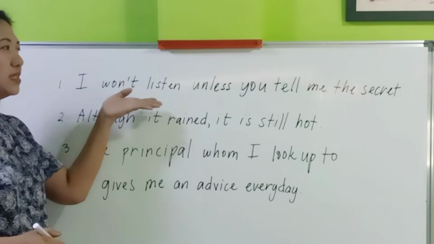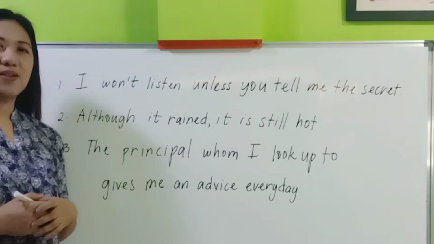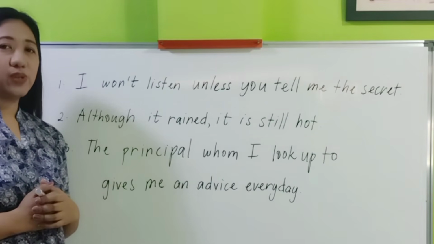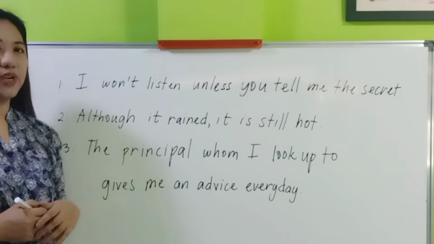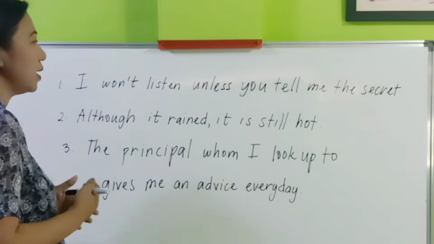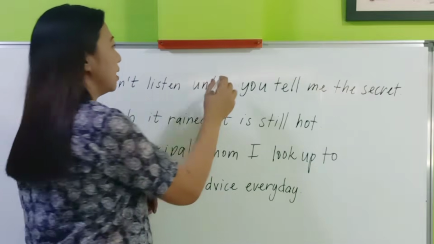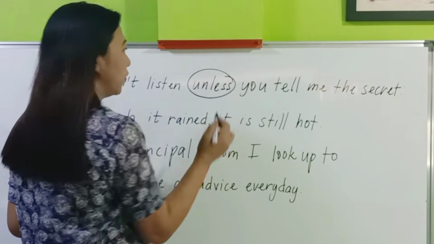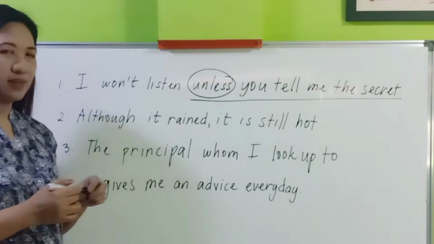Now let's examine these examples. I won't listen unless you tell me the secret. What is a dependent clause there? What is your clue again? It starts with a dependent marker or a subordinating conjunction. So what is a subordinating conjunction used in that sentence? It's unless. Therefore, this is now the dependent clause.